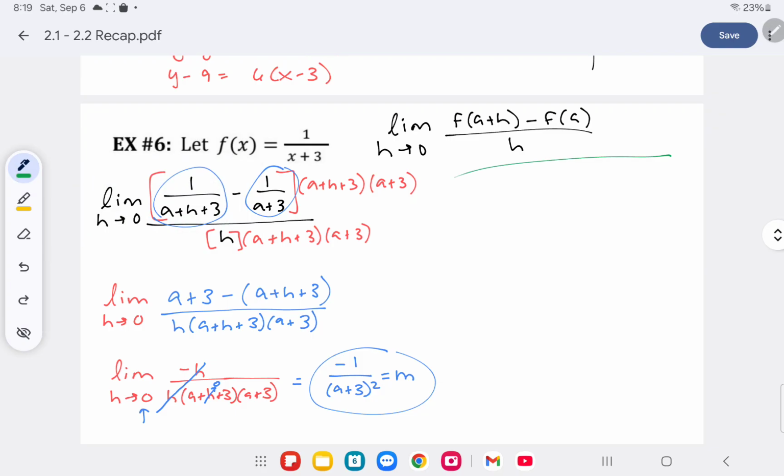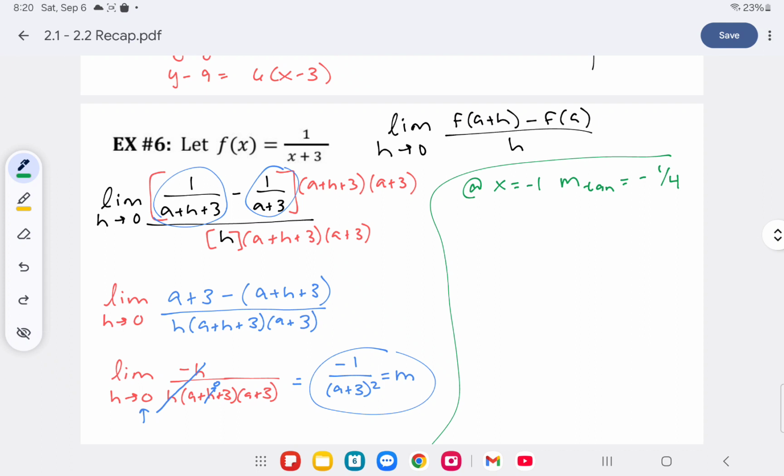So at x equals negative 1, we're going to plug in a negative 1 for a. So the slope at that tangent line will be negative 1 over 2 squared, which is negative 1/4. So that's the slope at our tangent line at negative 1.